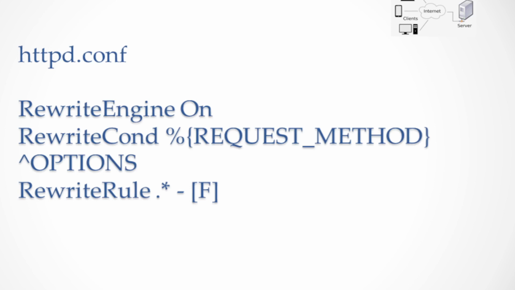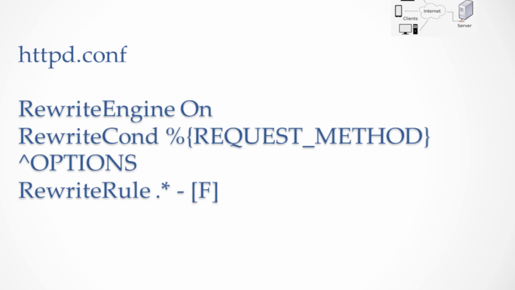What is the meaning of these three lines in your httpd.conf file? Here the RewriteCond is used, a built-in server variable called the request method, and this line would be read as for the HTTP request method OPTIONS.